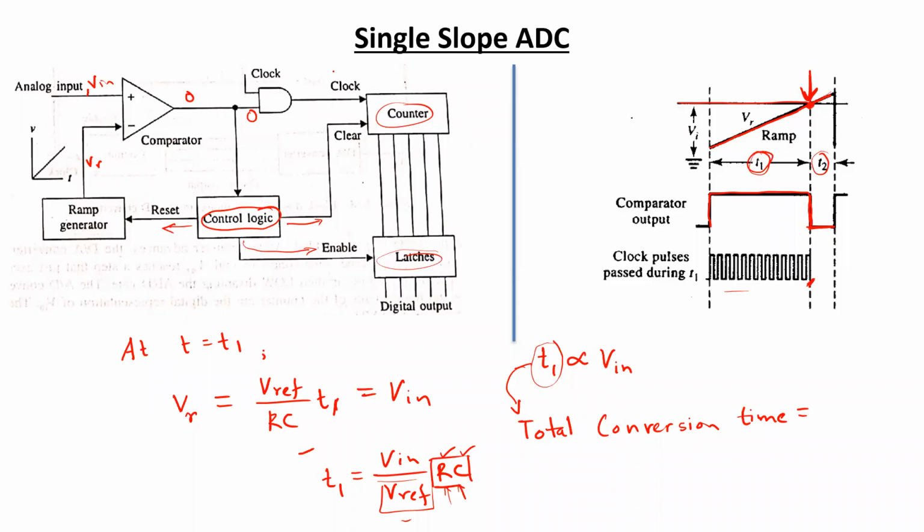In terms of the time period of the clock pulse, if it is represented by T clock, then the conversion time can be expressed as n multiplied by the time period of the clock, where small n represents the number of counts done by the counter. Now moving on to the dual slope ADC.